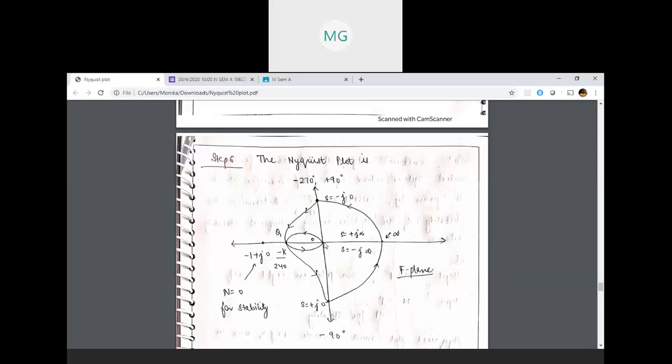So it starts at this axis. It takes an anti-clockwise rotation of 180 degree. That means this side rotation of 90 degree, and again another, making 180 degree, and it terminates at s equals plus j0. Is that clear, everyone? The magnitude is 0.